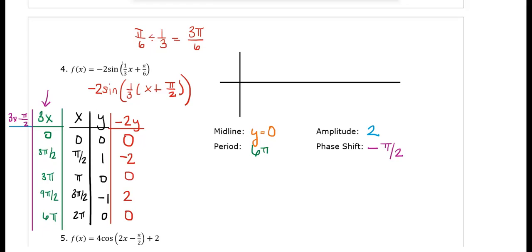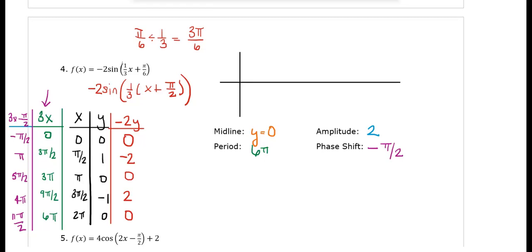So 0 minus pi over 2 gets me negative pi over 2. 3 pi over 2 minus pi over 2 just gets me pi. 3 pi minus pi over 2 gets me 5 pi over 2. 9 pi over 2 minus pi over 2 gets me just plain old 4 pi. And then 6 pi minus pi over 2, that's going to get me 11 pi over 2.